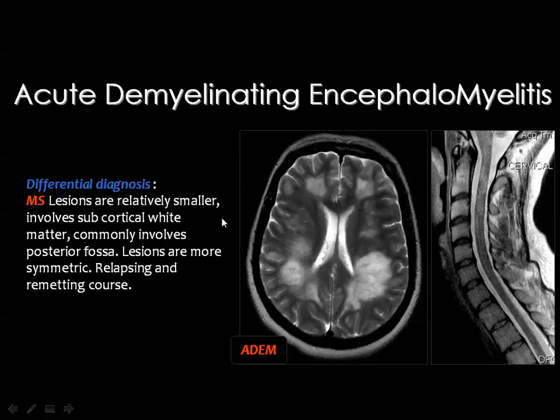In MS, the lesions are relatively smaller compared to the lesions of ADEM, and MS involves the white matter mainly, but ADEM can affect the cortex as well. And the lesions of MS are more symmetric, and the relapsing and remitting course is one of the characteristics of MS.